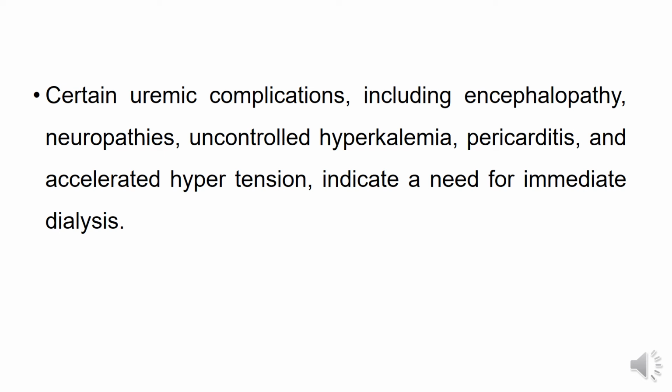All of these develop due to the presence of toxic products. So the first and foremost thing is to remove the toxic products from the body, and only then can we treat the patient's condition successfully. In these conditions we go for the dialysis process.